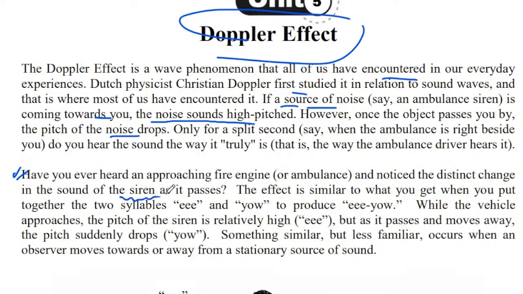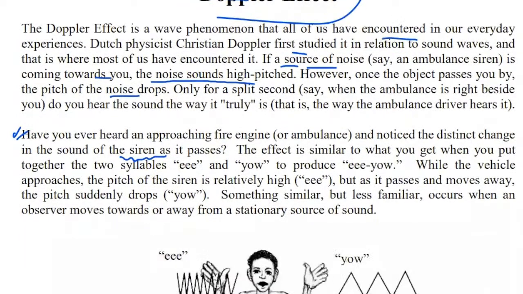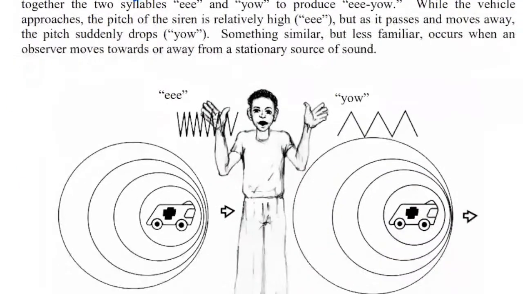In this case, we can even use a train that is hooting when it makes the noise as it's approaching, let's say, a station, and then as it is passing by, the sound will be different. The difference in the sound, because you are standing by the platform and the train is moving, or the train is standing and you're moving while it's hooting, that effect is what we're calling the Doppler effect.